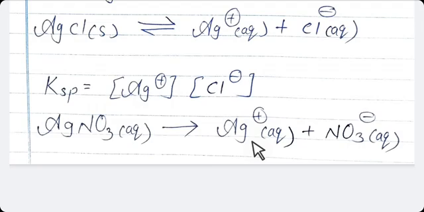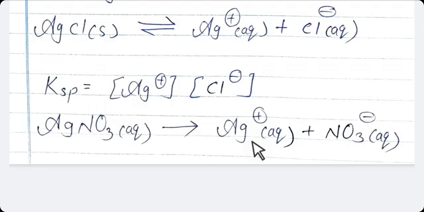According to Le Chatelier's principle, the addition of Ag plus ion from AgNO3 to the solution of AgCl shifts the solubility equilibrium of AgCl from right to left, and the reverse reaction in which AgCl is precipitated is favored until the solubility equilibrium is re-established.